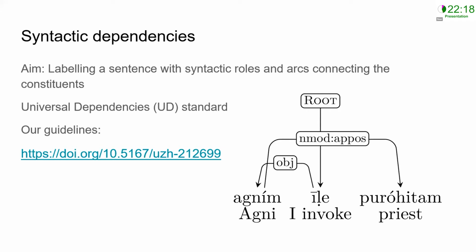And these annotation guidelines cover critical cases and difficult constructions that are mainly constrained to Vedic. It's about 70 or 80 pages nowadays, quite richly illustrated. And you can find these guidelines here under this web address. This is a permanent link, so you should get access to it.